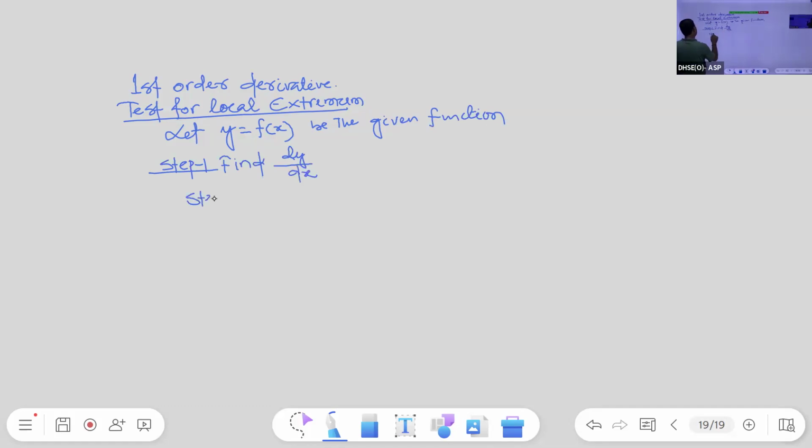Step 2, solve dy upon dx equals to 0. Let x is equal to alpha be a solution.